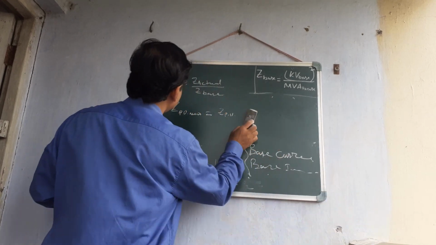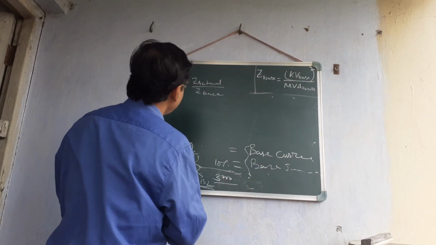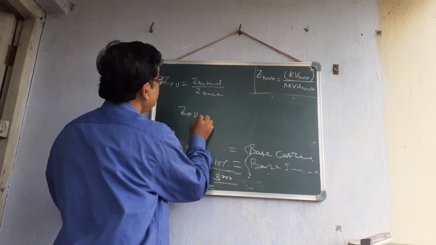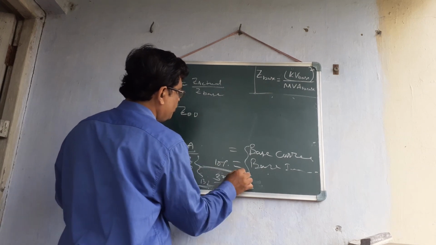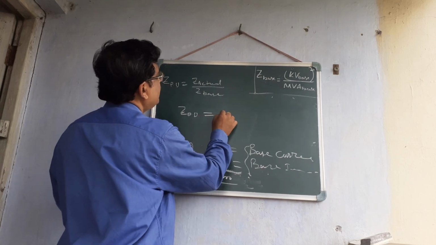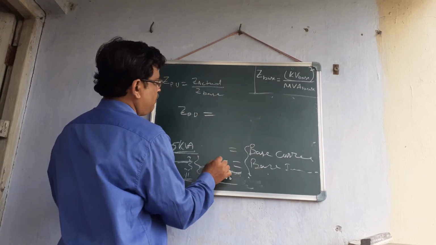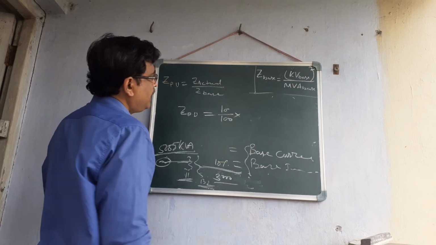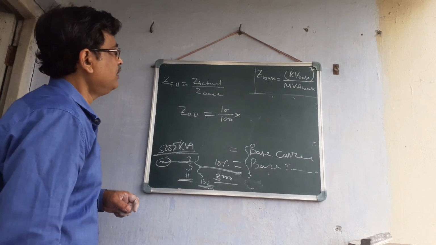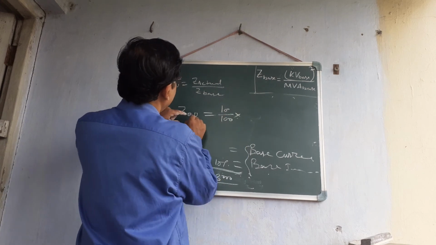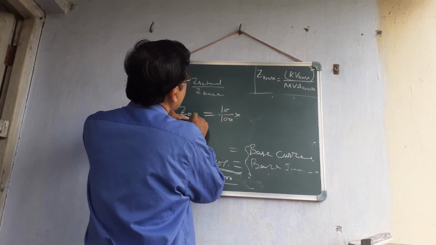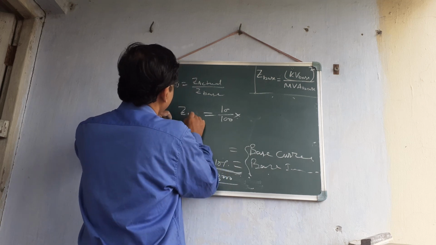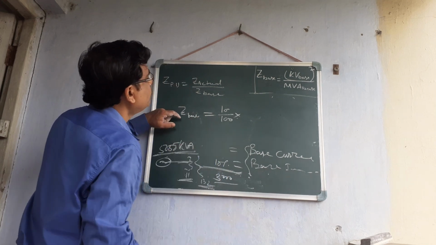First you convert it: Z per unit is 10 by 100, that is Z actual divided by Z base in its own value.